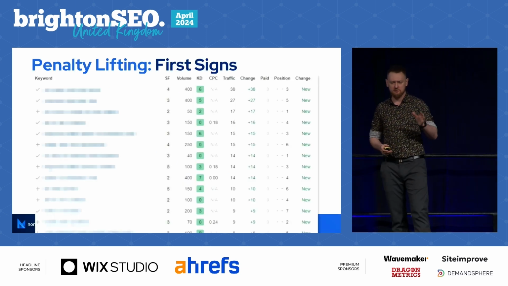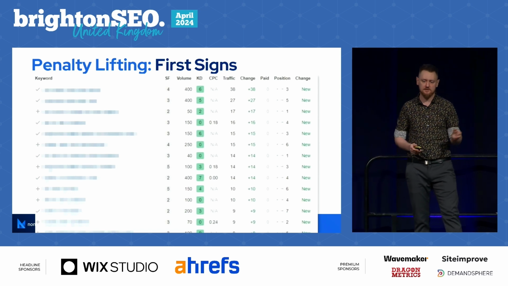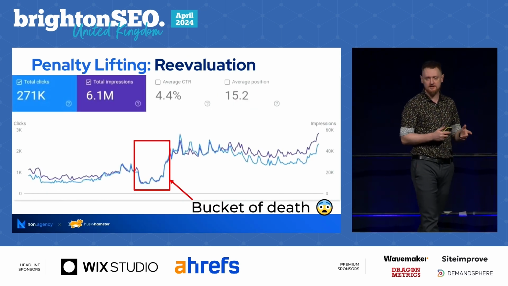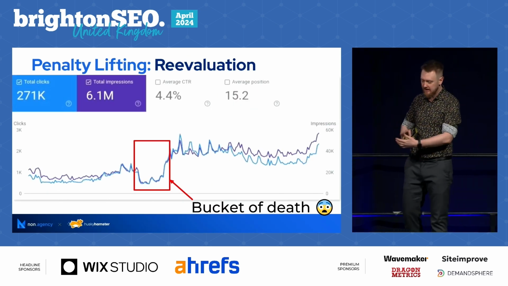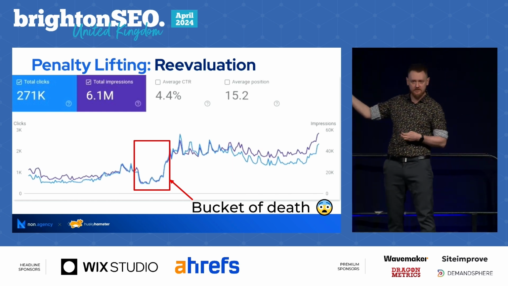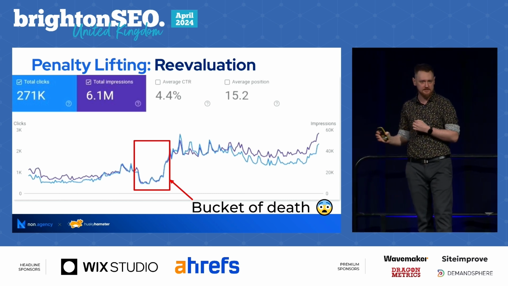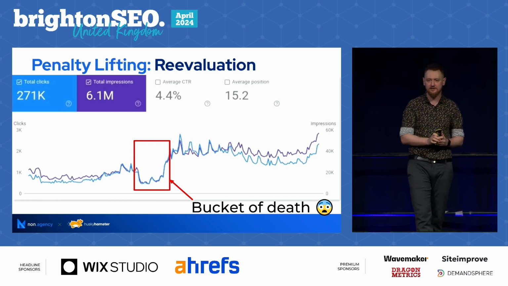At this stage, we were around 4 months in. We started seeing some early first signs of penalty recovery. However, at that time, we didn't know that. We actually hit a bucket of death. This is the term that I use and sometimes see on websites that were penalized and are recovering.